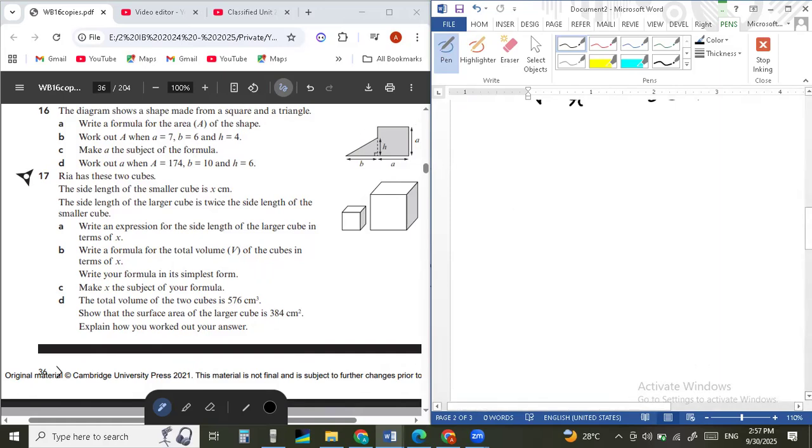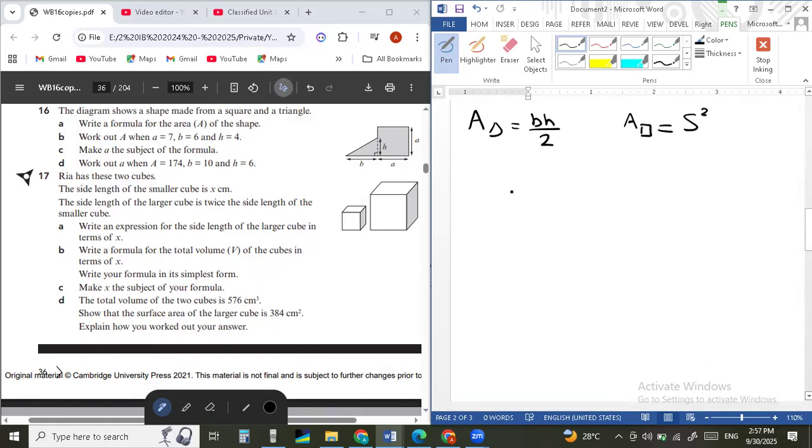So how can we do this? Mister, I know the area of the triangle is half bh or bh over 2. Half bh or bh over 2, both of them are the same. And I know that the area of the square is side squared.